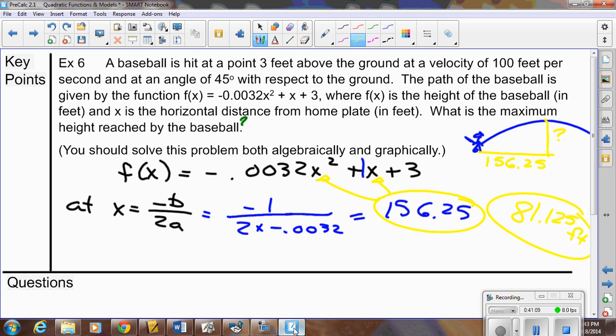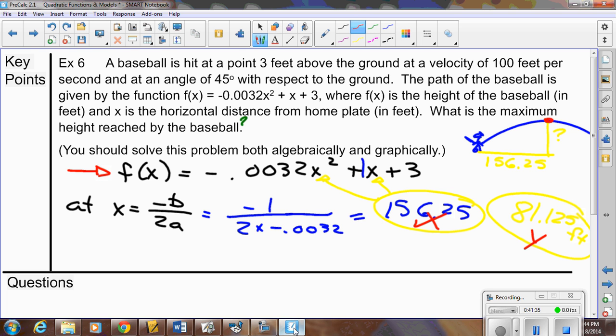If you typed this function into the calculator, and then did the maximum feature of your graphing calculator, it will tell you what the point is. It will give you both the x value and the y value. You just have to know how to interpret the x and the y value to finish it off.